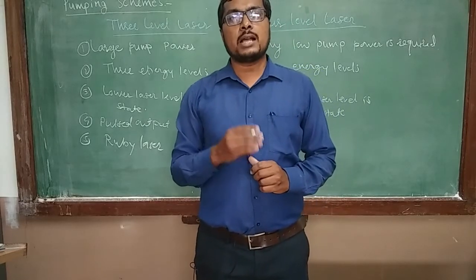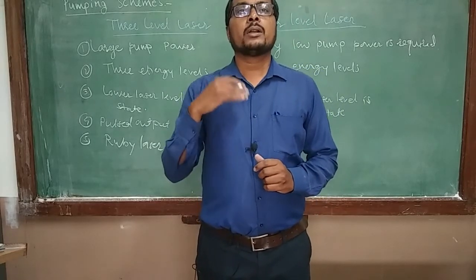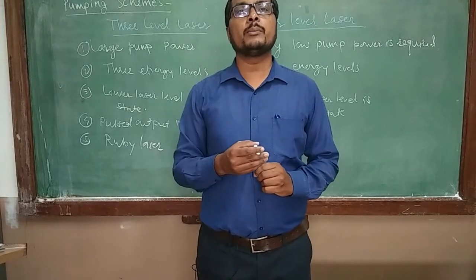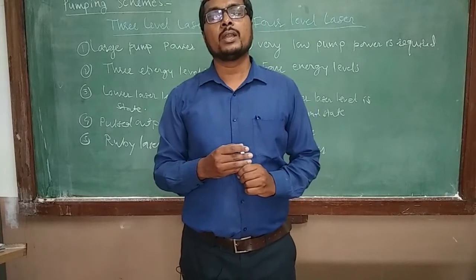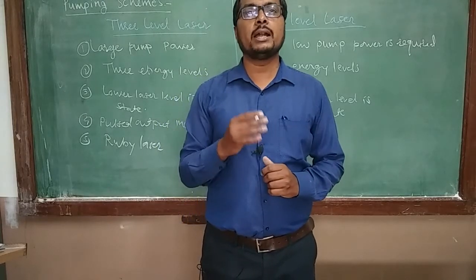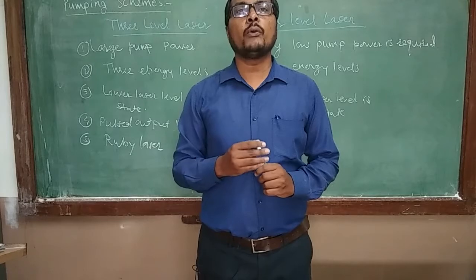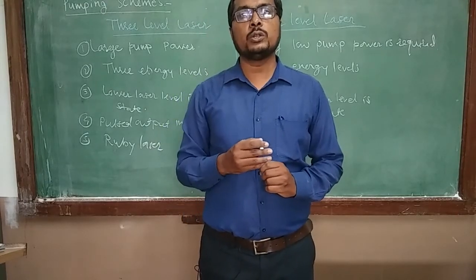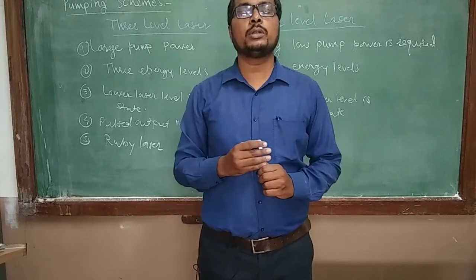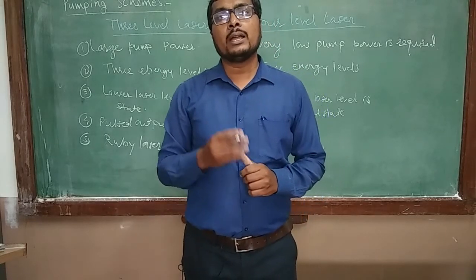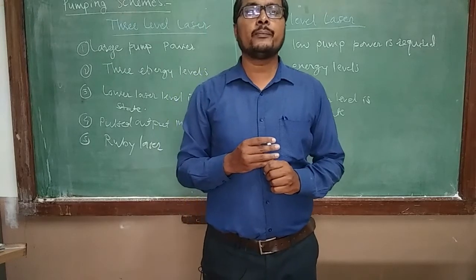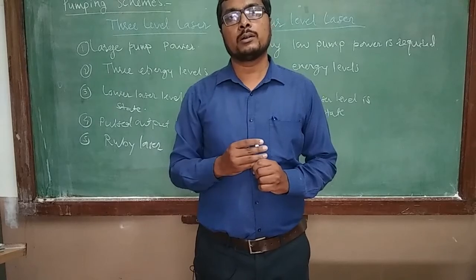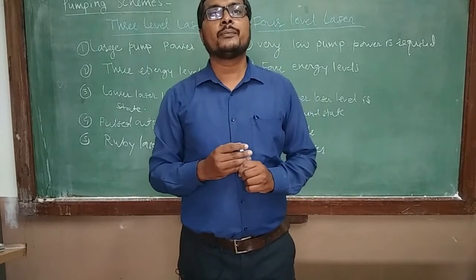When the laser starts operating, the atoms from level E2 go to level E1 by stimulated transitions, and population inversion is immediately lost, and again we need to wait till the population inversion is achieved. That means we need to pump more atoms to the excited state. Therefore, it requires very high pumping power, and it works in the pulse output mode. One example is the ruby laser.